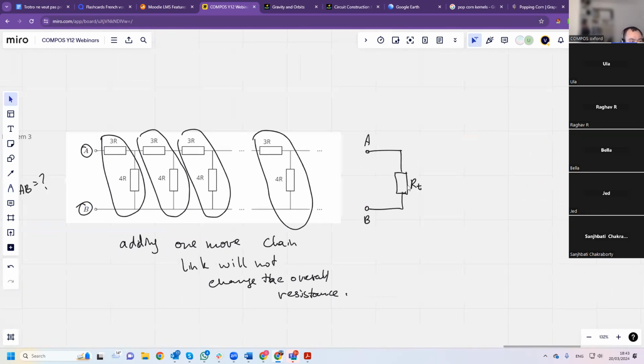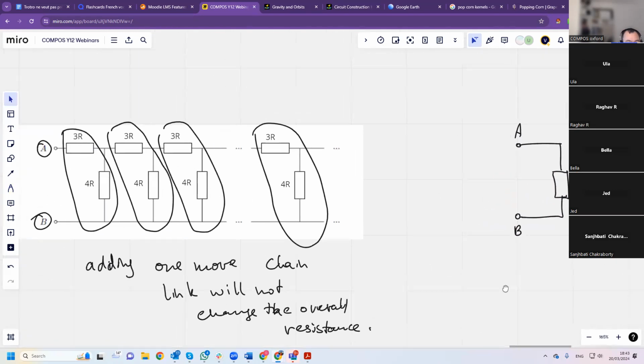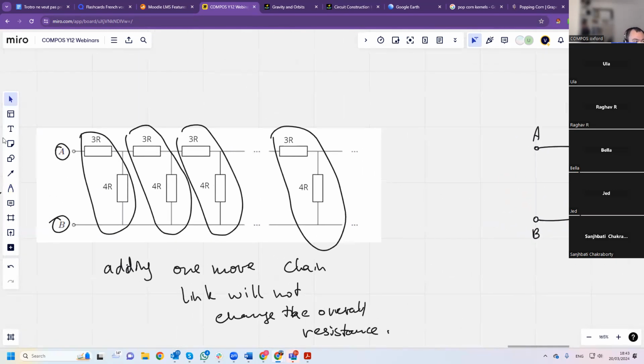Okay. So this whole thing can be replaced with a single resistor. Adding another link on the left, so adding another 4R here and a 3R here.